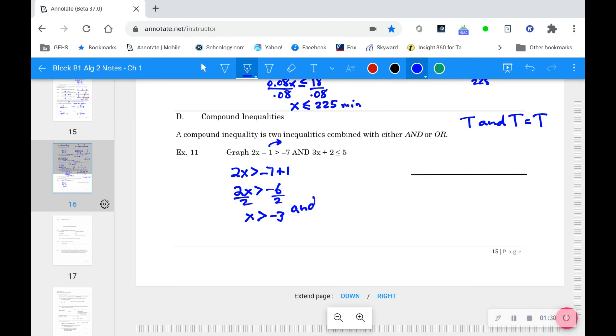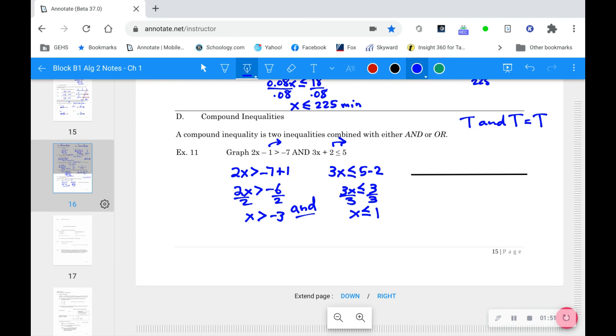So we're looking, first of all, for numbers that are to the right of -3. And these same numbers have to meet the second criteria. We'll find out what that is. Divide both sides by 3 here, and you find out that the second criteria that has to be met is that the numbers are less than or equal to 1.